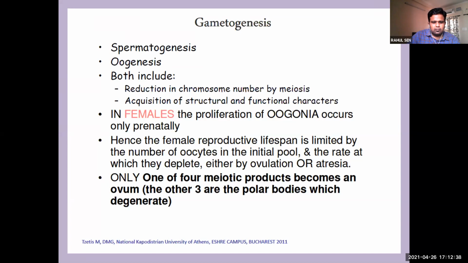Only 1 out of 4 meiotic products from oogenesis becomes an ovum, and the remaining 3 meiotic products turn into polar bodies and later degenerate, giving all their help to the expanding cell, that is the oocyte.